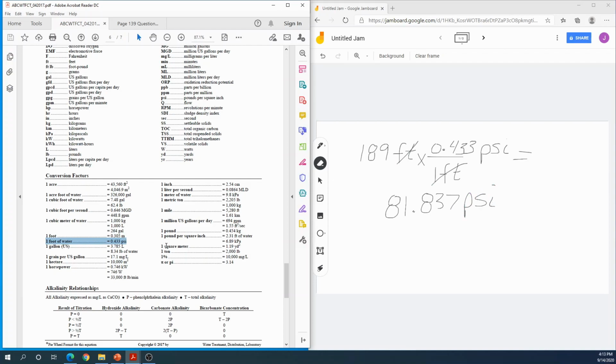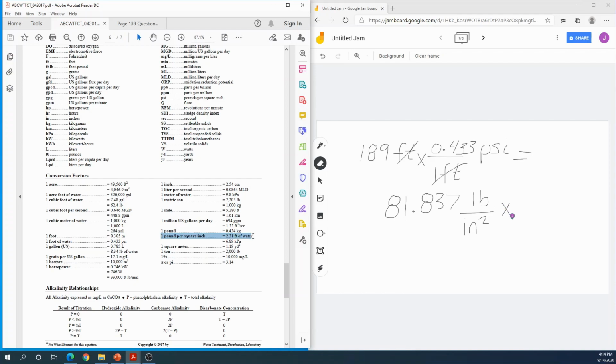However, we want to go pounds per square foot. Well, actually, let's do this a little differently, guys. There's 2 ways we can do this. So we have 81.837 pounds per square inch. Let's write pounds per square inch a little differently here. We can do this as pounds per inch squared. Now let's convert this to pounds per foot squared.